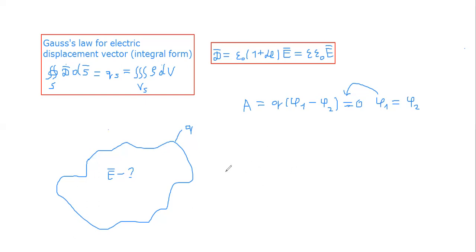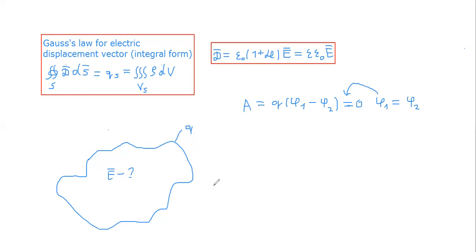So if there is an electric field inside the conductor, there will be electric current, but electric current is impossible in an electrostatic field.